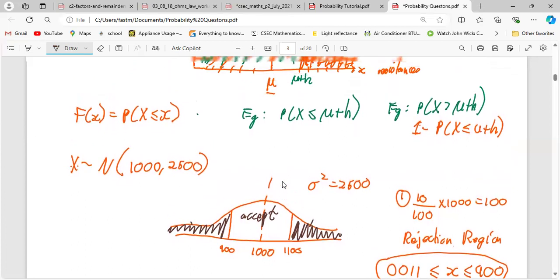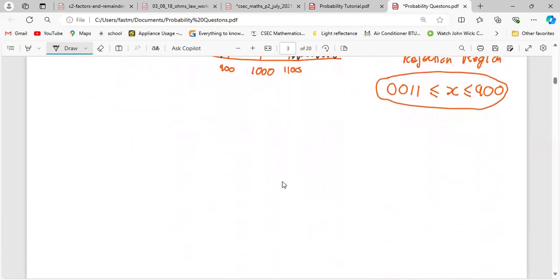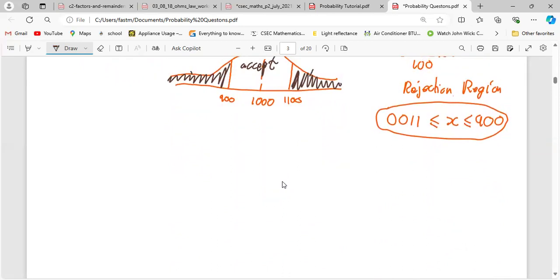Now we'll get into our concept known as the error function and the complementary error function. We'll start with the error function, or erf of x for short.